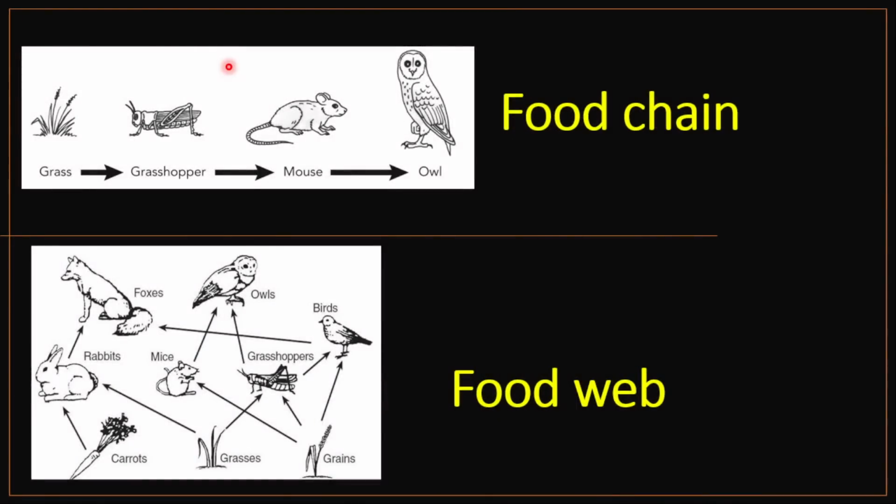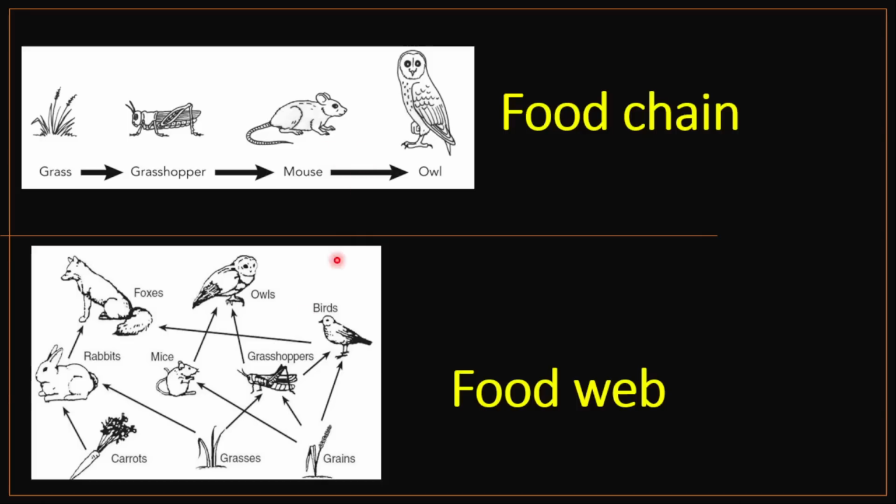What to notice is that for a food chain, you only have one path for energy to flow, and in a food web, you have many paths for energy to flow. And a point to note is that in both food chain and food web, you see arrows, and the arrows indicate the flow of energy. I know that was on a past paper as well. The arrows indicate the flow of energy or what is eating what.